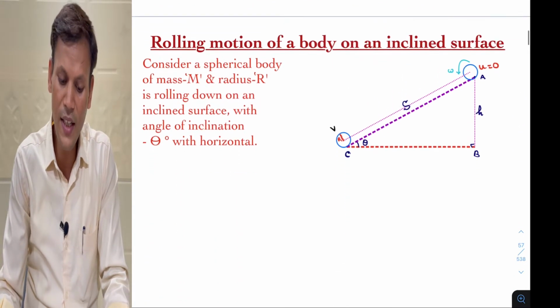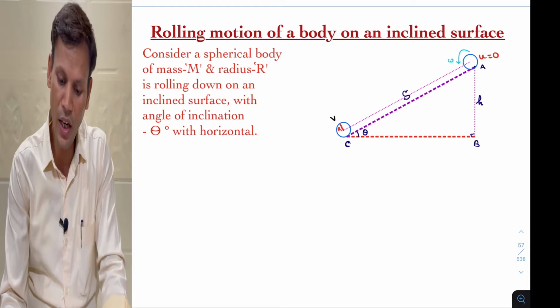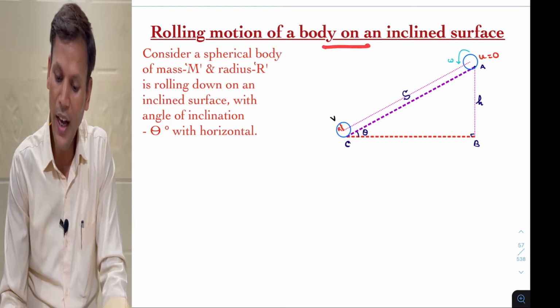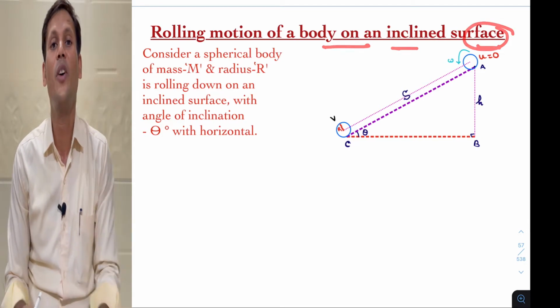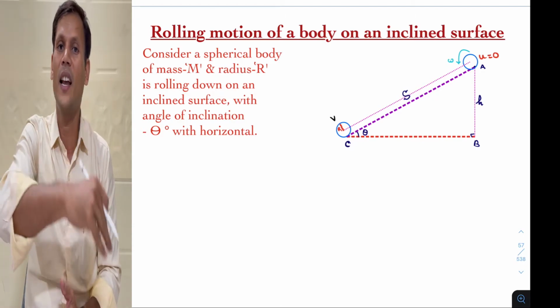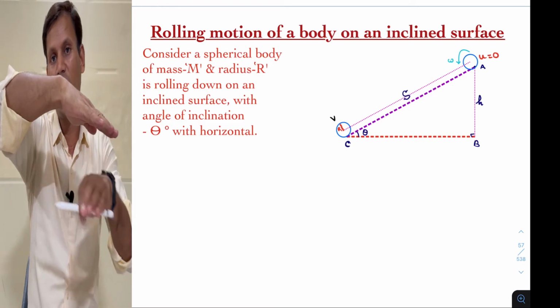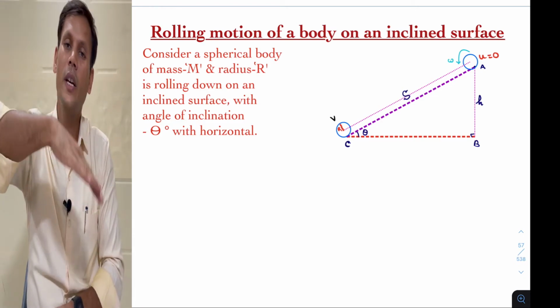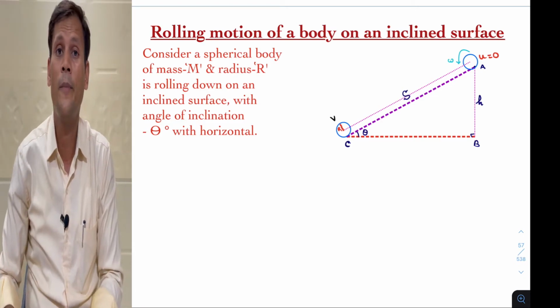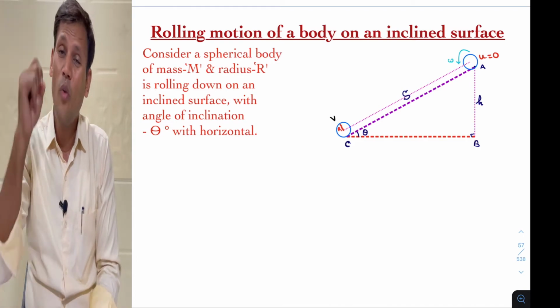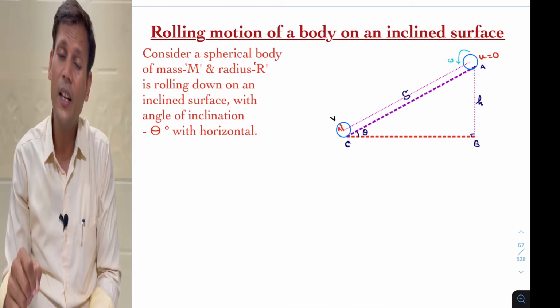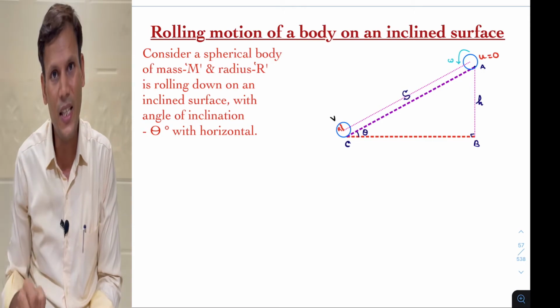Now next, we have rolling motion of a body on an inclined surface. Now what is the given condition? The surface is inclined. Incline means it will have some slope with the horizontal. Horizontal के साथ में कुछ surface का slope होगा. So in that case, what will be the velocity and what will be the acceleration?